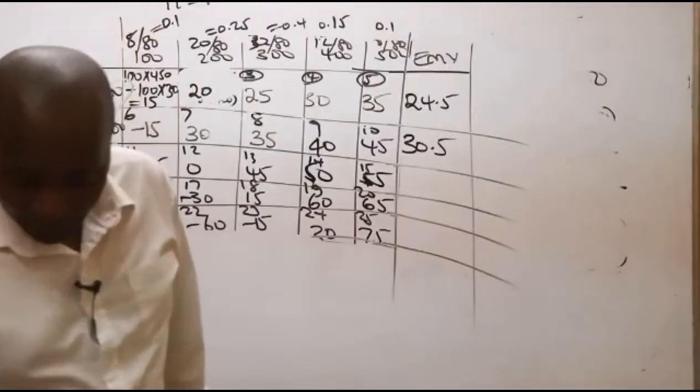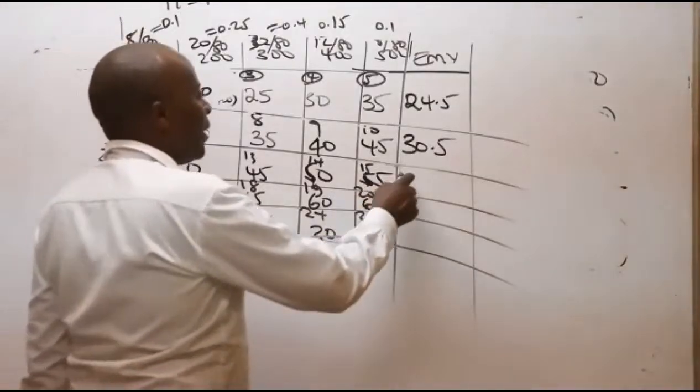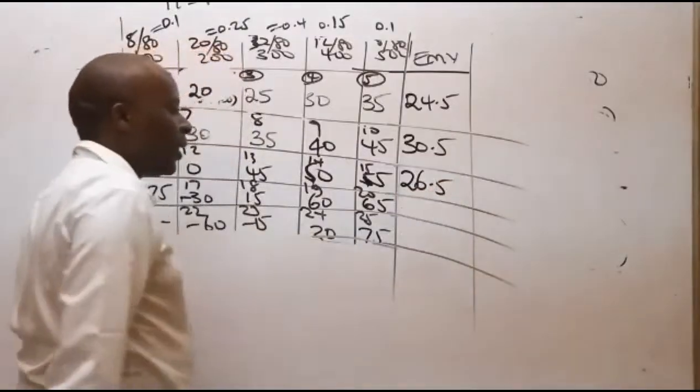So the third one, somebody is giving me a figure of 26.5. Lokai here is giving me a figure of 26.5.